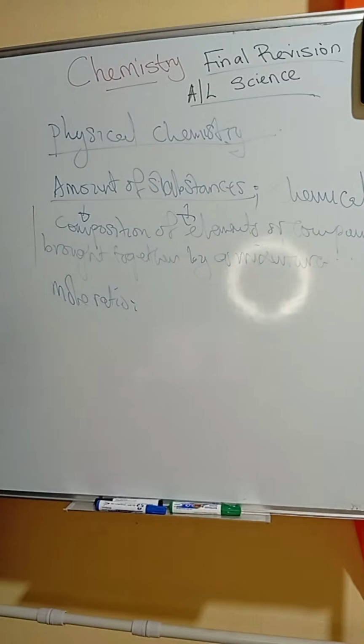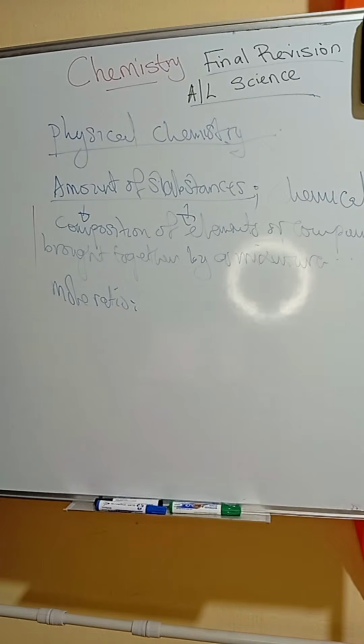It must be in a balanced chemical equation because it is from equations that we always get what we call mole fractions. You cannot have a mole fraction or a mole ratio without having a balanced chemical equation. So it must always be from a balanced chemical equation.